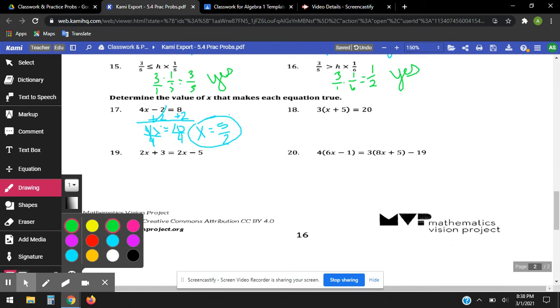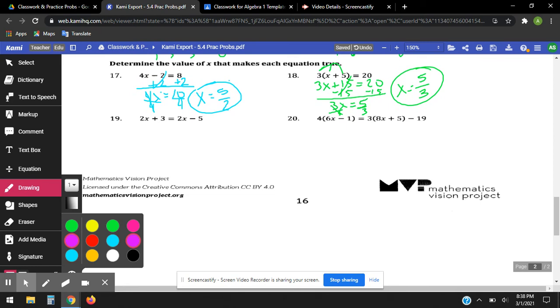All right, 3x plus 15 equals 20. I'm just going to distribute on that one. Minus 15, minus 15. 3x equals 20 minus 15, which is 5. Divide by 3, divide by 3. x equals 5/3.